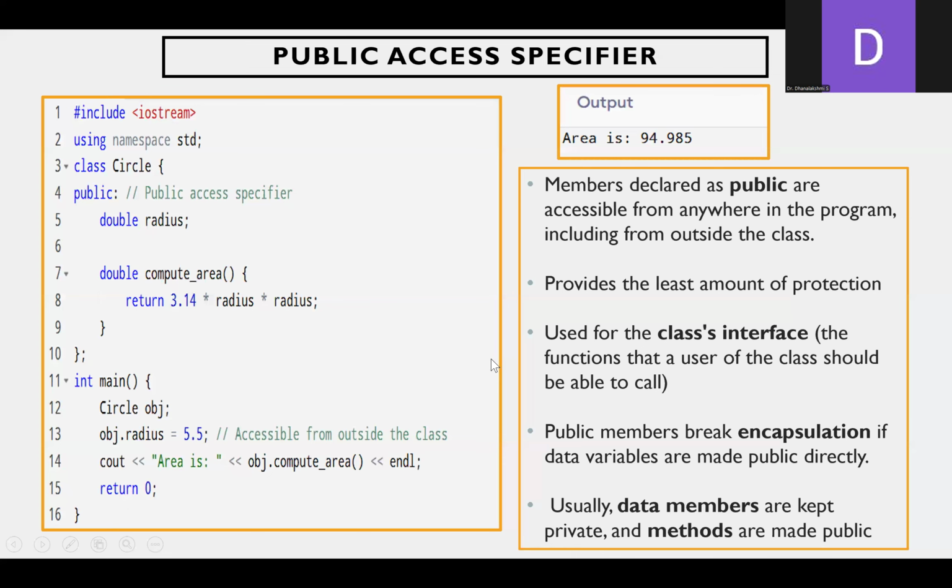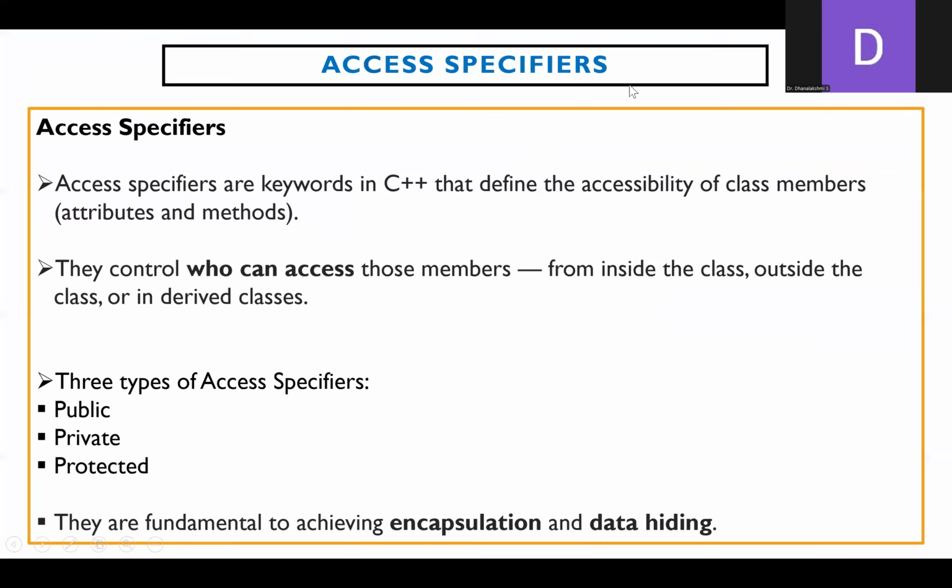Let's begin. In C++, access specifiers are the keywords that decide who can access what inside your class. They define the scope of accessibility of the class members, meaning whether data and functions can be accessed within the same class, outside the class, or by a derived class in case of inheritance.